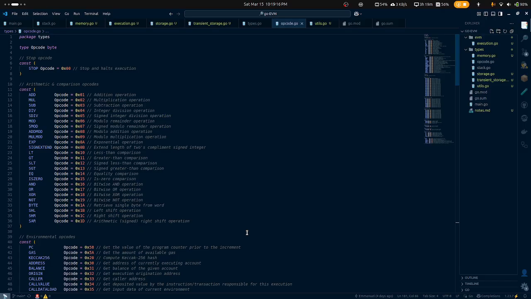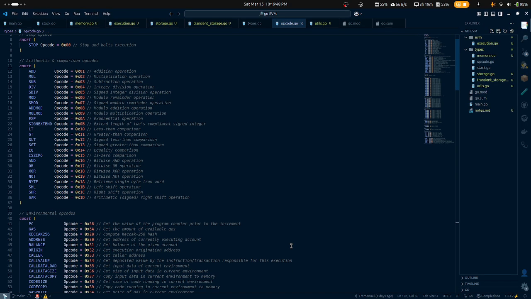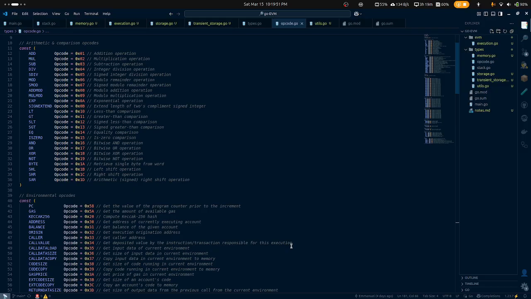The EVM is a stack-based architecture, meaning it follows the LIFO, last in first out, data structure in operation, right? So it basically operates on what we call bytecodes. These bytecodes are given to the EVM to process.